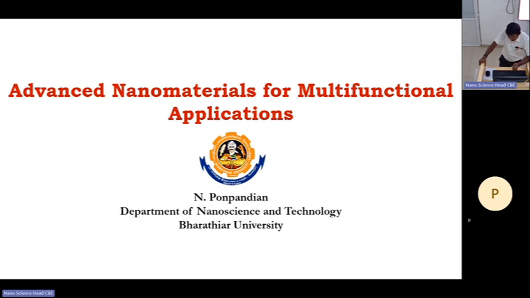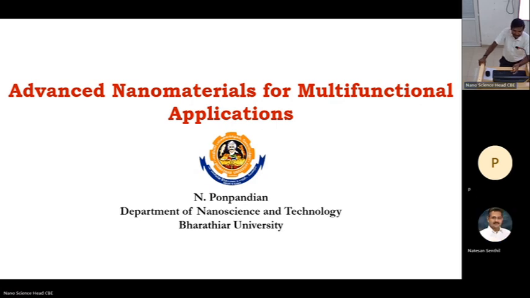Based on the application, you have to design your nanoparticle. That is the most important thing, because nanoparticles are available in four different dimensions: 3 dimension, 2 dimension, 1 dimension, and 0 dimension.